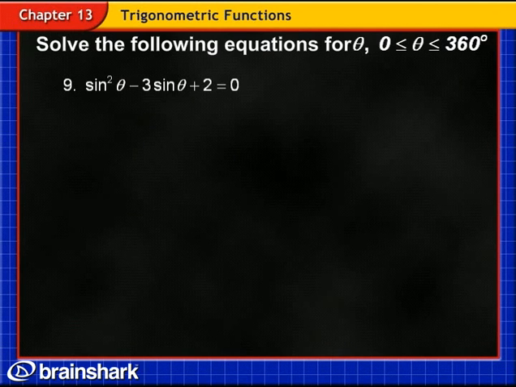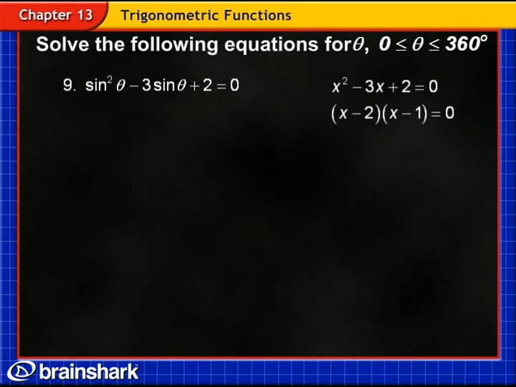Now, this one's harder because it has a sine squared theta, and we don't have sine theta in common in all 3 terms. So I'm actually going to think about this one just like it was a quadratic, since I have a squared term, a single term, and then a constant. So this is really just like x squared minus 3x plus 2.